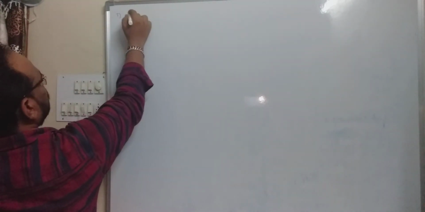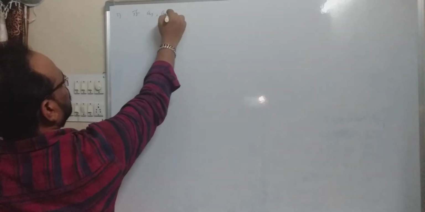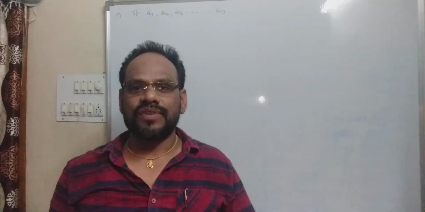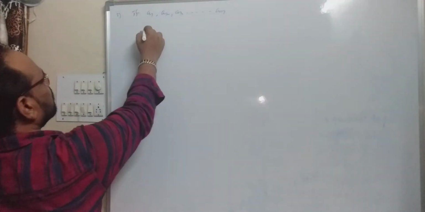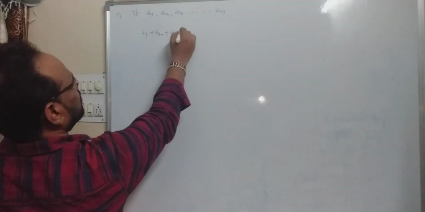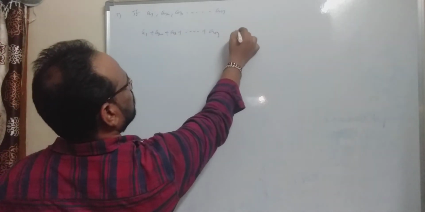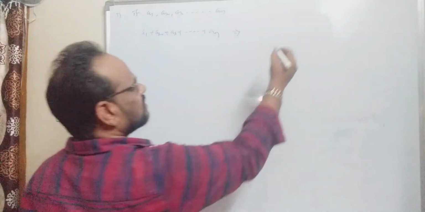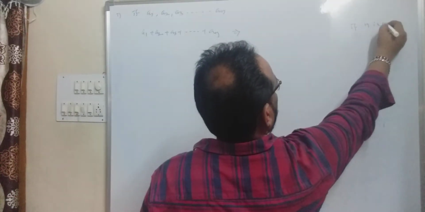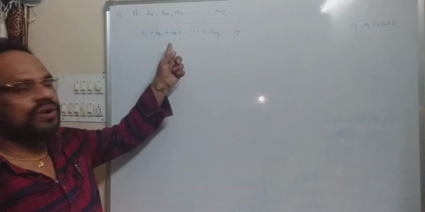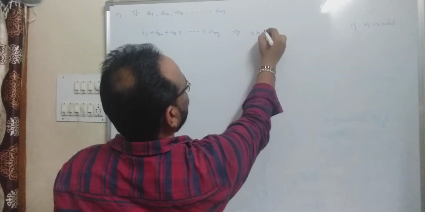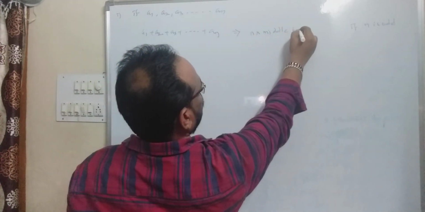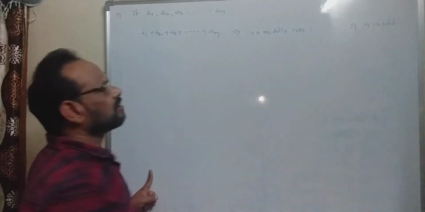If a1, a2, a3 and so on an are in arithmetic progression, their sum a1 plus a2 plus a3 plus and so on plus an is, if n is odd, it has only one middle term, so their sum is n into its middle term.